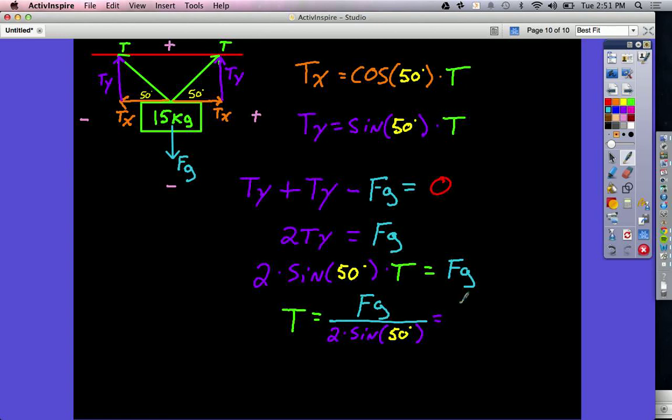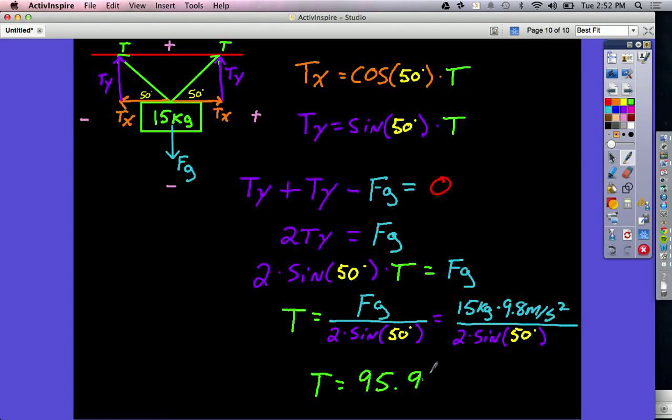Force of gravity is the mass, which is 15 kilograms, times 9.8 meters per second squared, all divided by 2 times the sine of 50 degrees. And when I plug all that into my calculator, what I should get is that my tension in each string is 95.95.